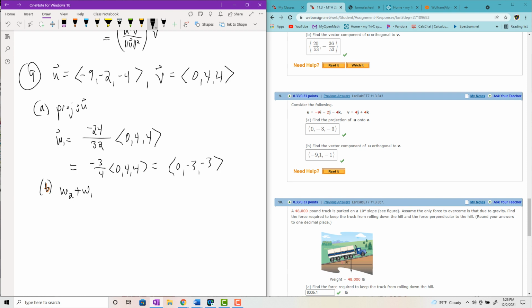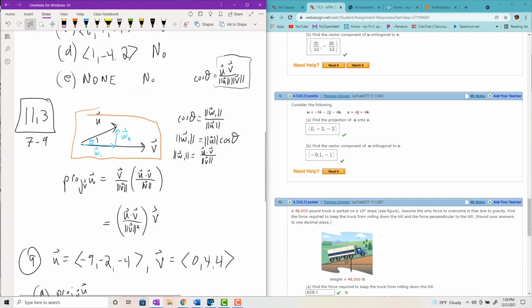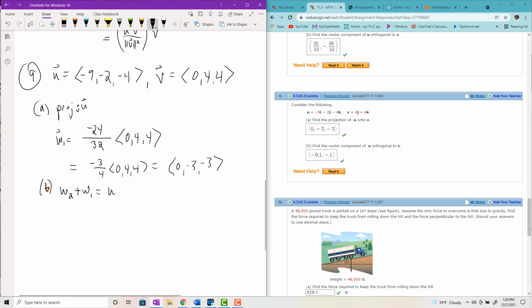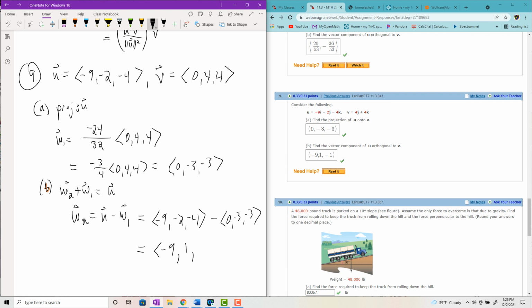To find W2, I just subtract W1 over, so I have u minus W1. These should all be vectors. So I'll have negative 9, negative 2, negative 4 minus 0, negative 3, negative 3, and of course that will be negative 9, 1, negative 1.